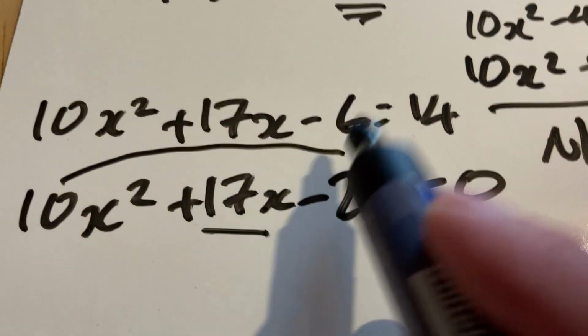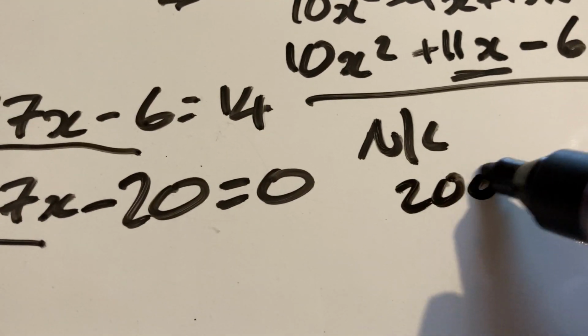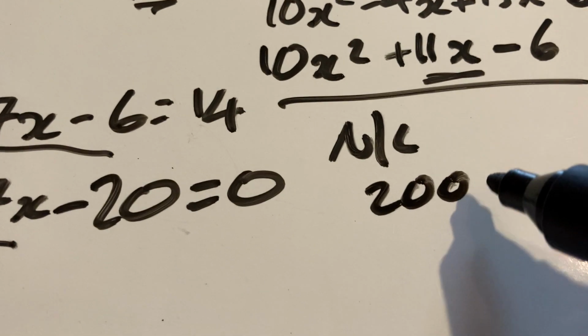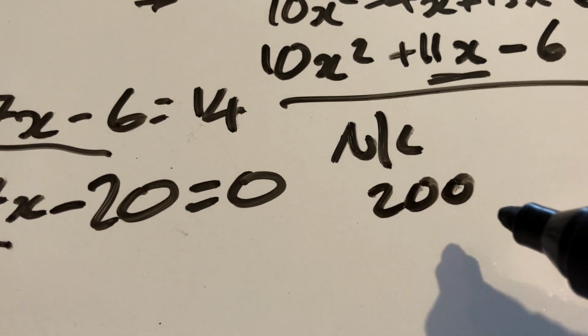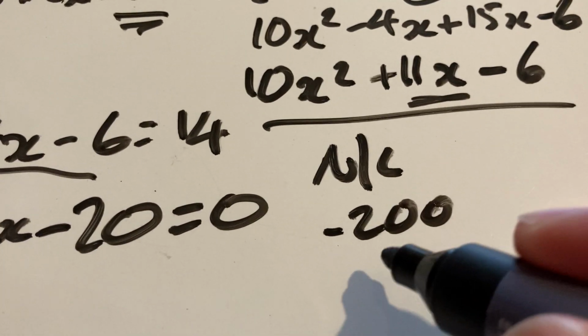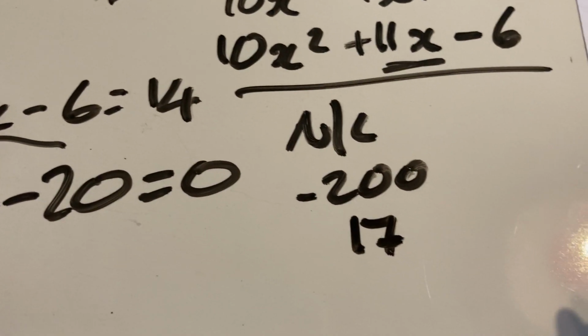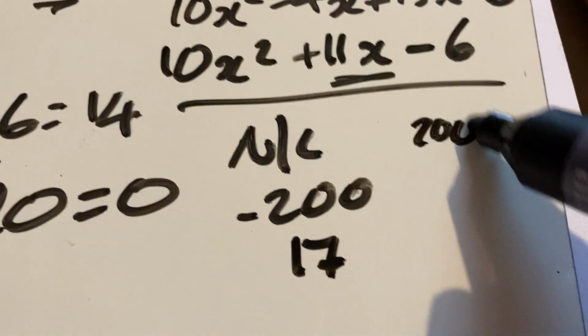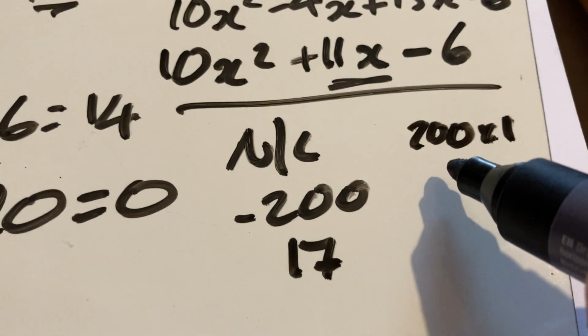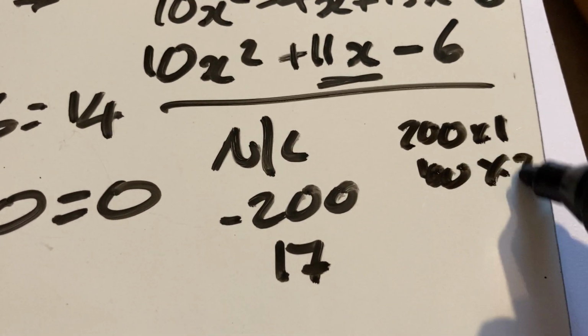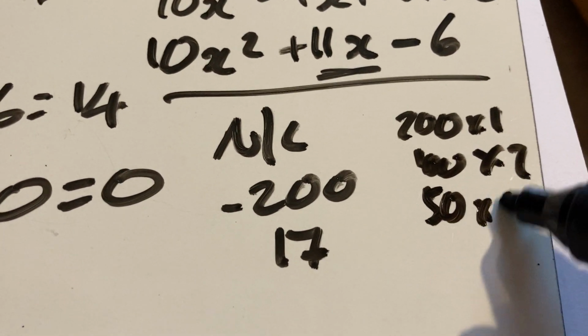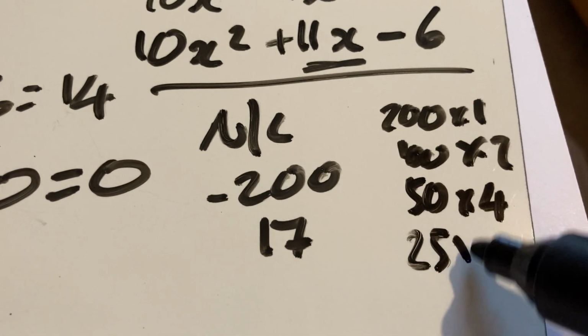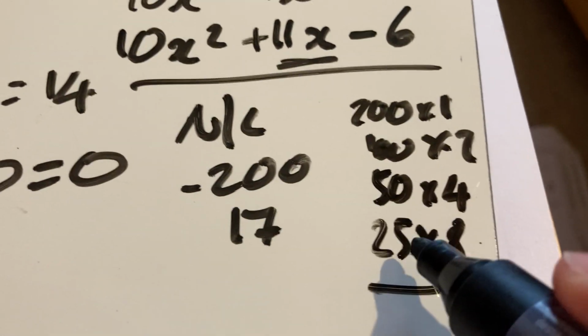If we multiply the 10 and the 20, we get 200. So we need something that has a product of negative 200, and yet it sums to positive 17. If you think about your factors in their pairs, 200 times 1, 100 times 2, 50 times 4, 25 times 8, that's where you can think, 25 and 8.